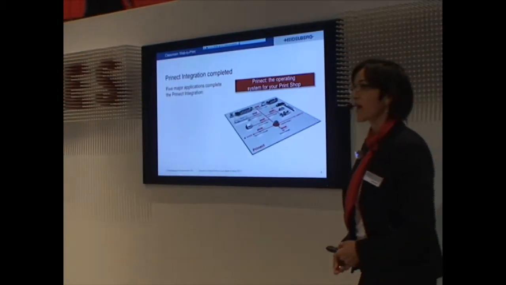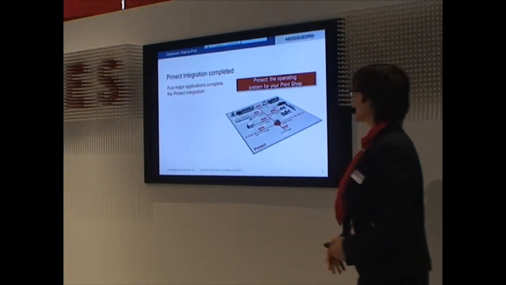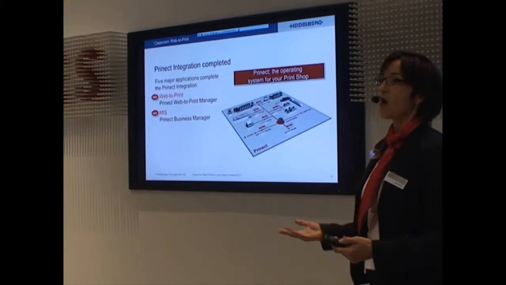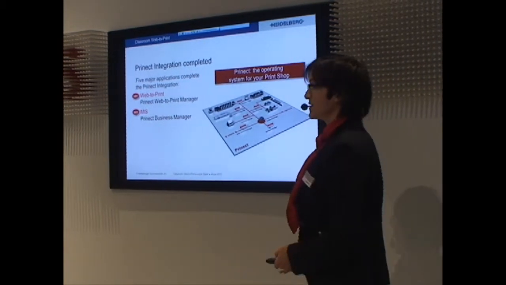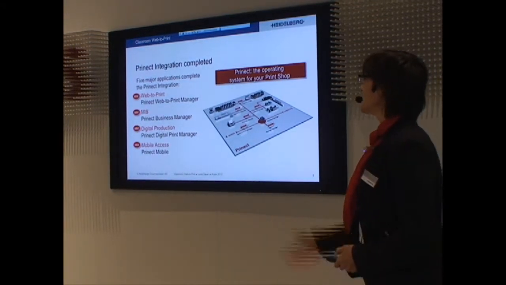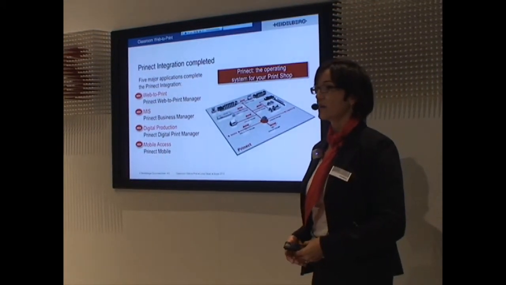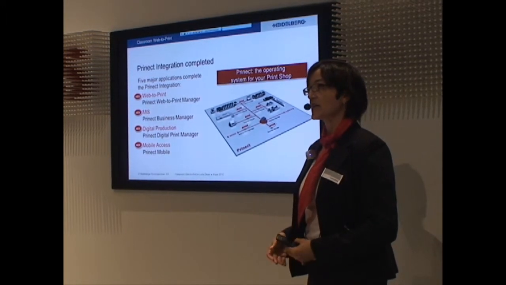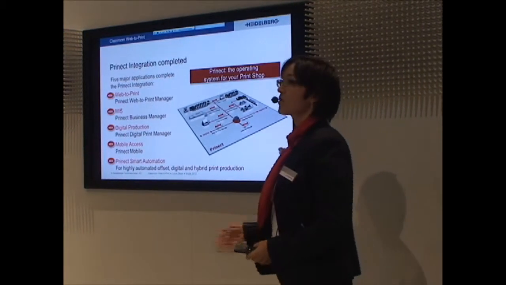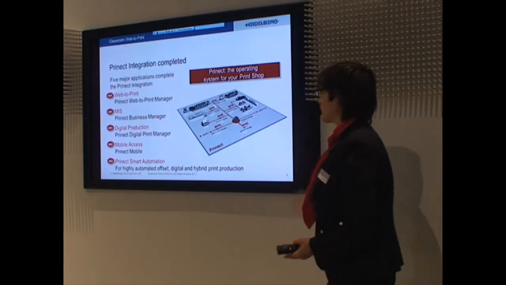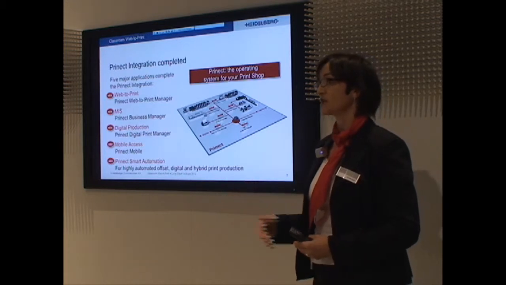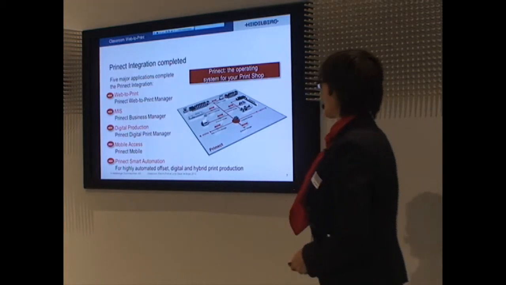Apart from those two, we have 5 modules that complete the integration. One is the Prinect Web to Print Manager, our management information software with the Prinect Business Manager, and new digital production with the Digital Print Manager, mobile access with Prinect Mobile to get your status data of your printing press, for example, and very new, first time showing at Drupa, the so-called Prinect Smart Automation, a feature with which you can highly automate your production, be it in digital, in offset, or the combined one, the hybrid production.